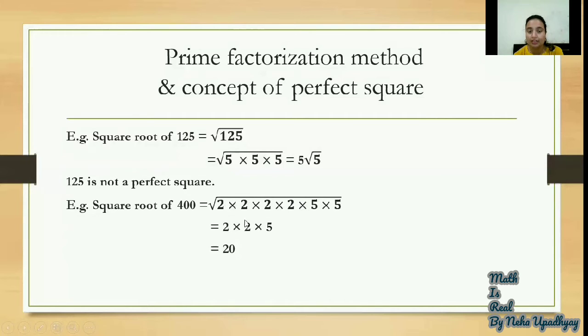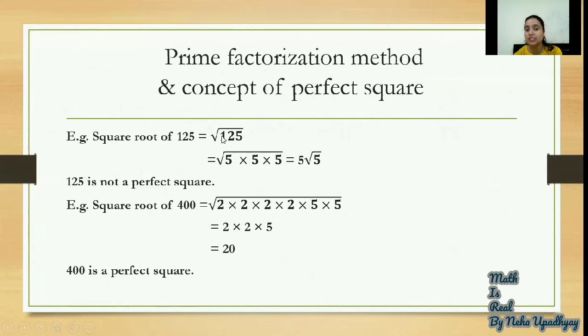So one term comes out and the square root is gone. Now multiply it. The square root of 400 is 20, and because nothing is left inside the square root, 400 is a perfect square.